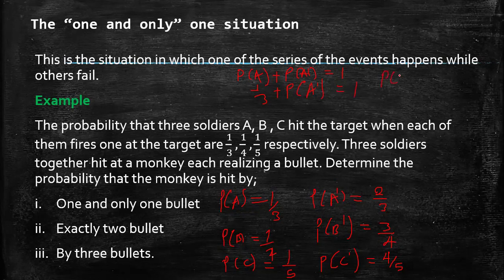So this means the probability of A prime is 1 minus a third. And when we substitute in a calculator, 1 minus a third gives us 2 out of 3. So that is how we get the A prime, the B prime, and the C prime. Is it now clear? Teacher, I've understood. Yes. Okay.